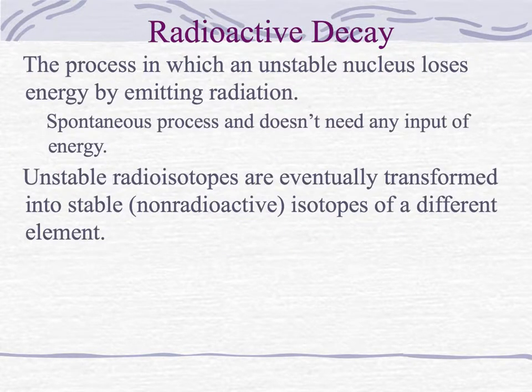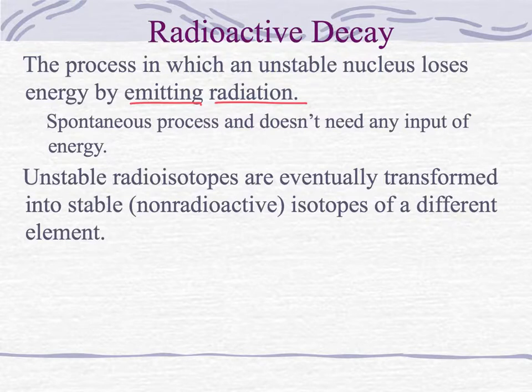Okay, now we're going to talk about radioactive decay. This is what happens over time. The nucleus is going to decay over time. Eventually, it'll decay into a stable nucleus. Obviously when it decays, it will emit radiation.